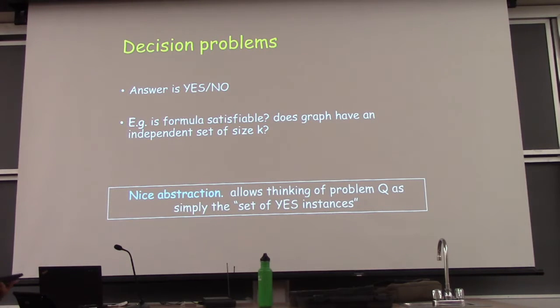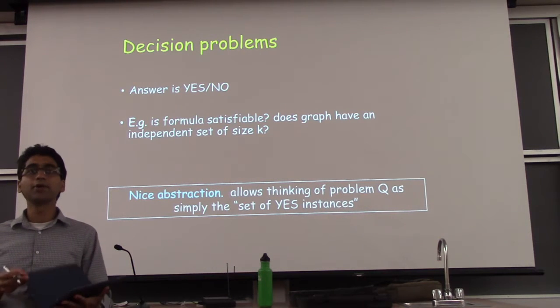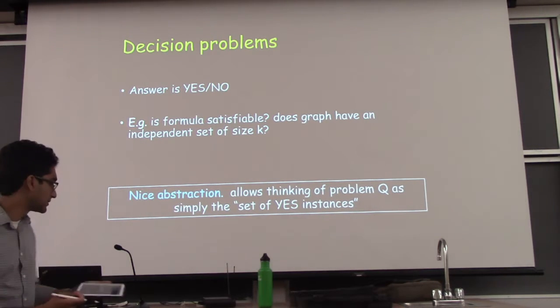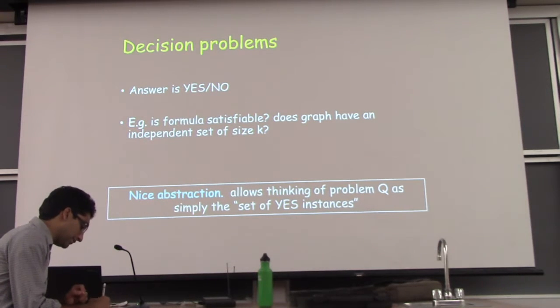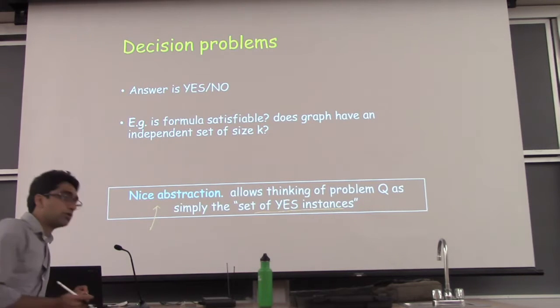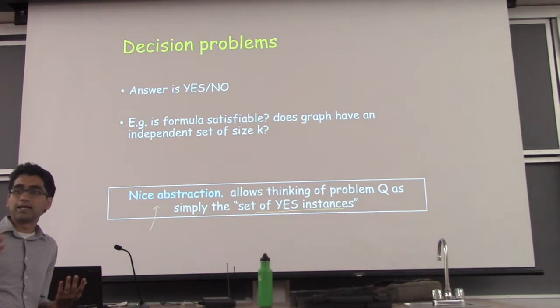So we said we are looking mainly at decision problems, and here the answer to everything is yes or no. So you can think of a problem as simply the set of all yes instances. This was a nice way of looking at things. So every instance has some size, and it's just a yes or a no instance.